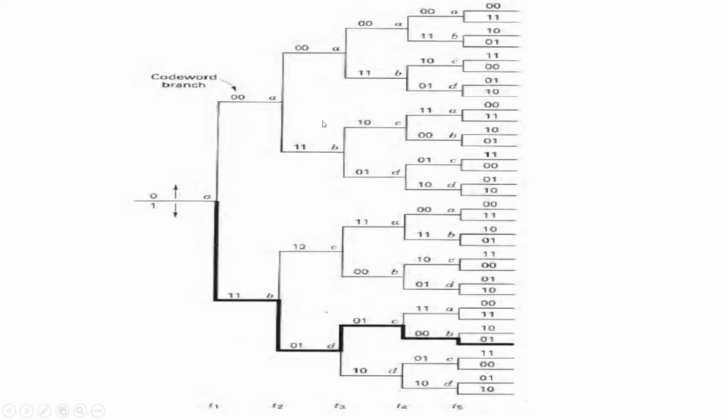Now, again, you go on drawing the tree diagram. If the initial state is A again, the output is 0, 0, and the next state is A only. But moving downwards indicates that the input bit was 1, so when the initial state is A and the input is 1, the output will be 1, 1 and the next state is B. From here, if you go on writing the outputs and the next state for each state, the tree diagram will continue till the end.